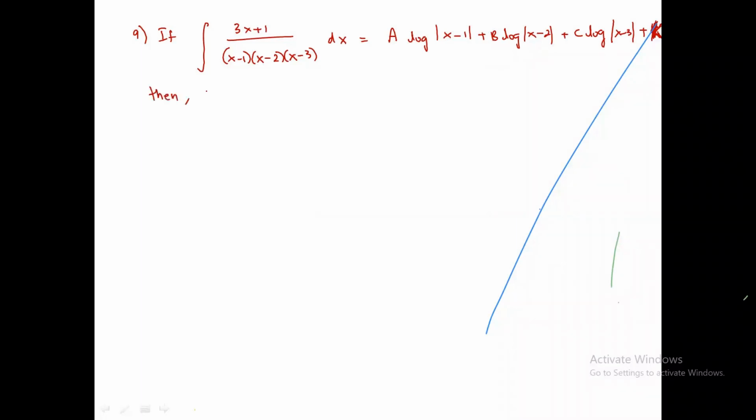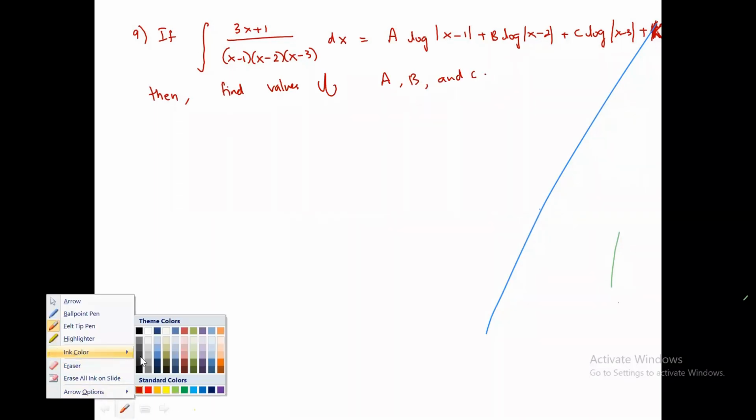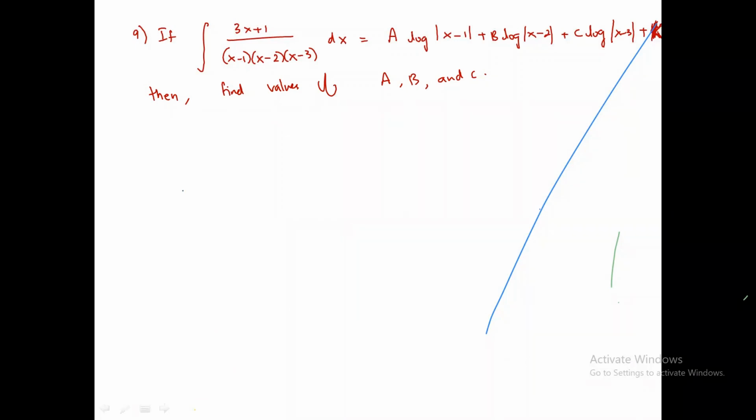You have to then find the values of A, B, and C. That's the question. So that means you have to find the integral by yourself. They already gave you the answer for the integral, but they gave an incomplete answer.